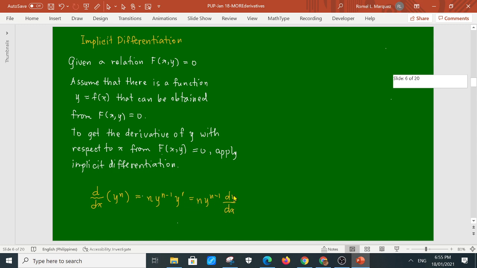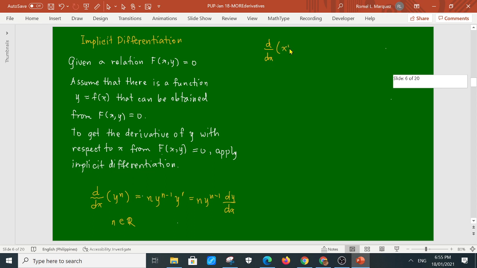Kahit alin gusto niyo, y prime or derivative of y with respect to x. That is, every time you differentiate y to the n, this is how you do it, where n is any real number.